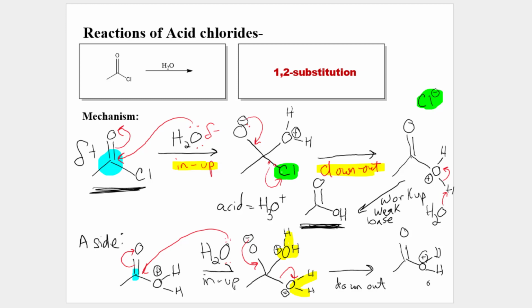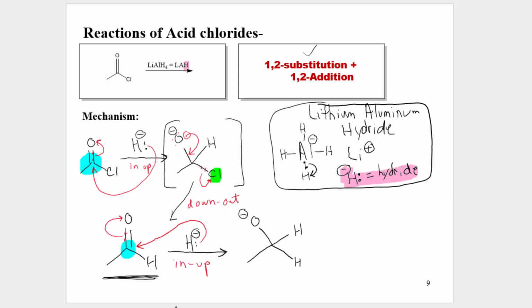So understand that when you're adding a group like oxygen or nitrogen, those groups can potentially come off. They're removable. They're not carbon, they're not hydrogen. So even though this aside down here on the bottom was probably happening, you're never going to see the result of it because you keep regenerating the compound you would have if you never did it anyway. So if you just tried to keep adding water on, in, up, down, out, in, up, down, out, you're just going to keep getting the same product.